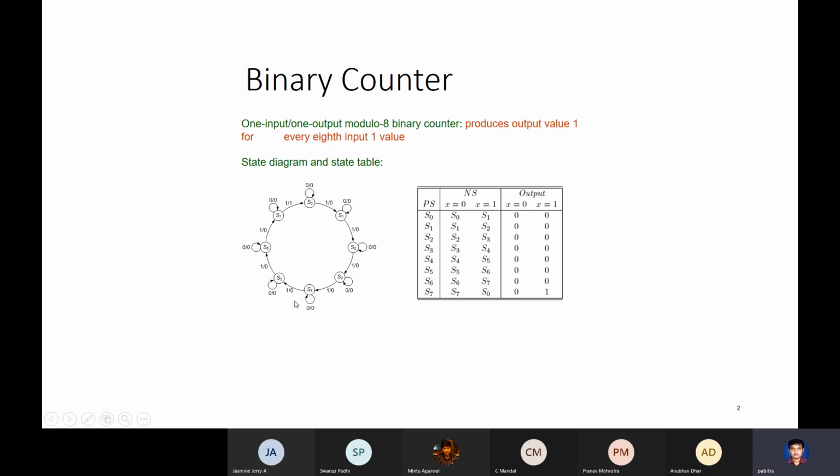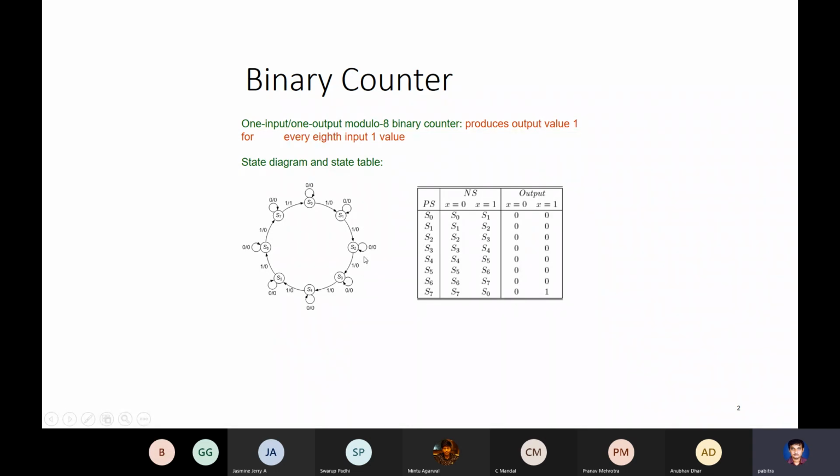When you count till S7, you output 1. So when you reach S7, you produce an output of 1. Since it is an 8-state counter, you will need 3 bits to represent the states.